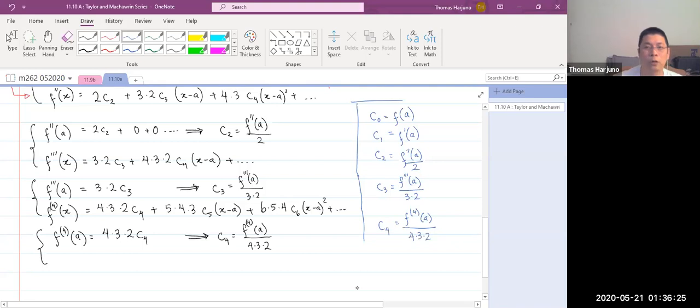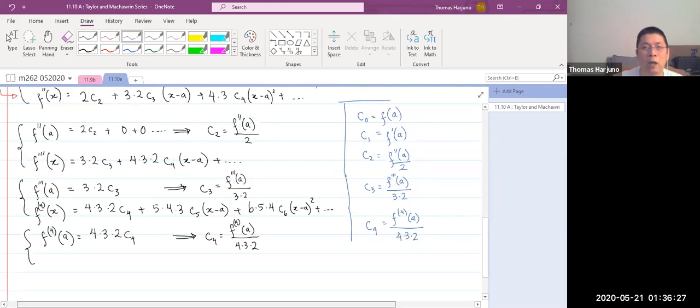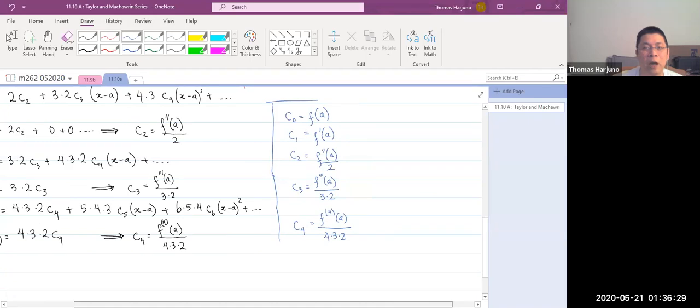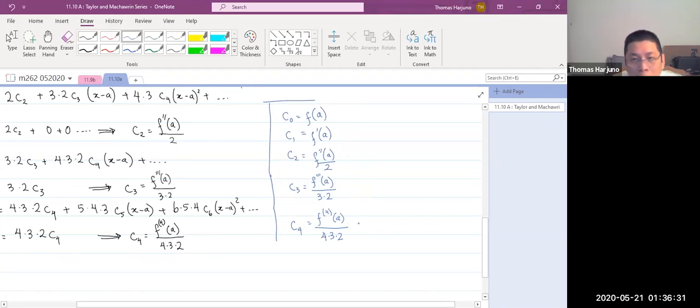Now, of course, you can keep on going, but I hope we see some pattern already. We can rewrite this as the fourth derivative of the function f at a over 4 factorial. This is the third derivative of f at a over 3 factorial.